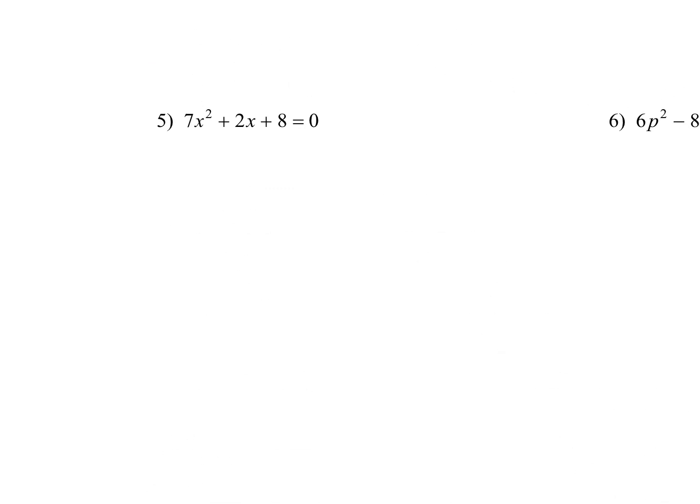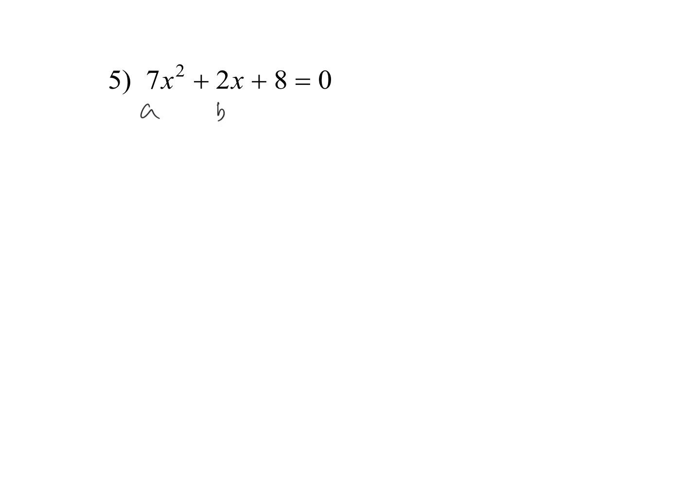All right, we got 6 more problems. Let's look at 5. 7 is our A, 2 is our B, and 8 is our C. So it's going to be -B, so -2, plus or minus the square root of B squared, 4, minus 4AC over 2A.